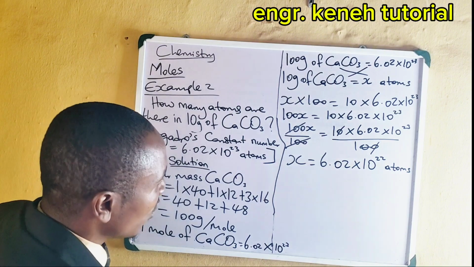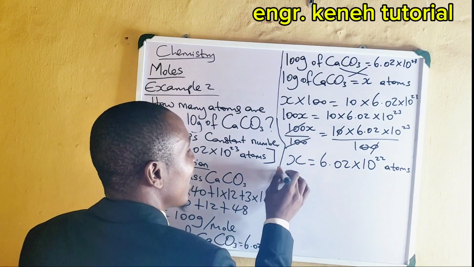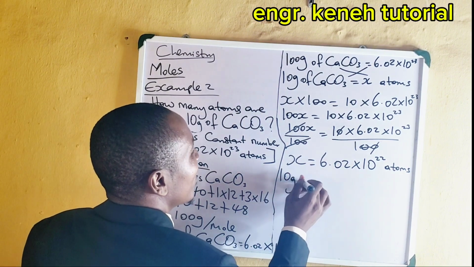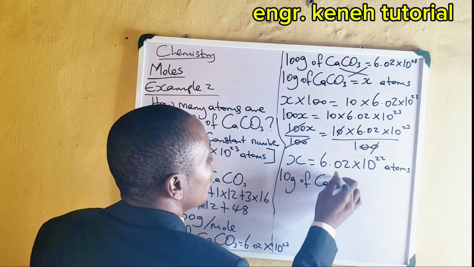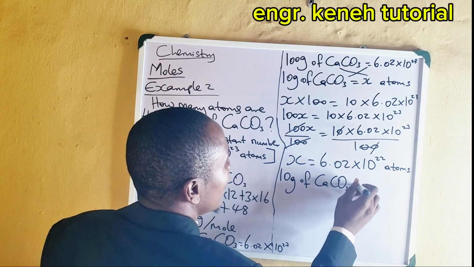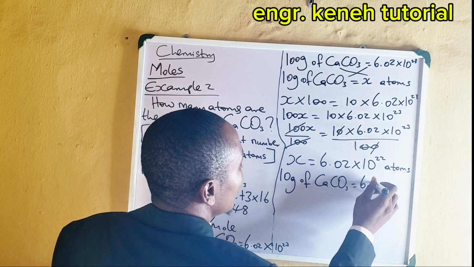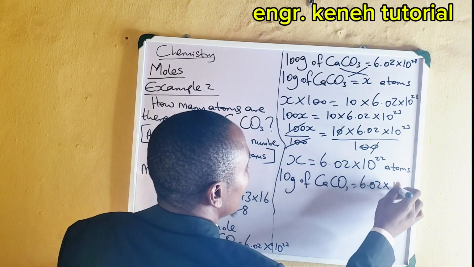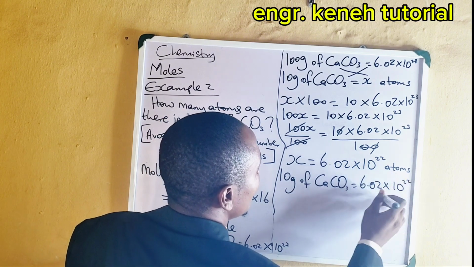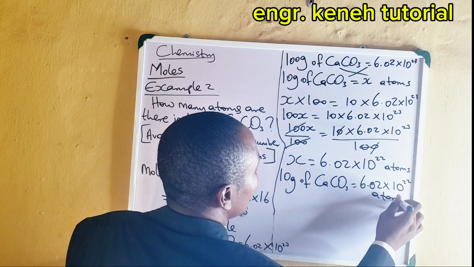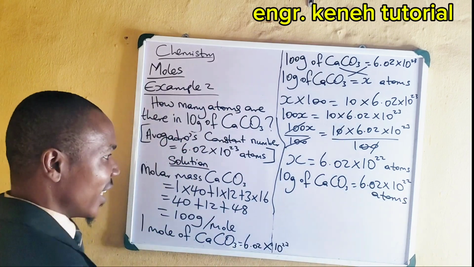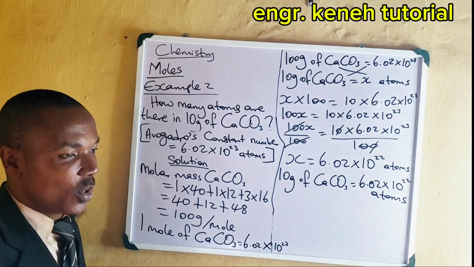All right. So it means that 10 grams of calcium trioxocarbonate(IV) will contain 6.02 times 10 raised to power 22 atoms. That is it. Is it clear? So that is how it can be solved.